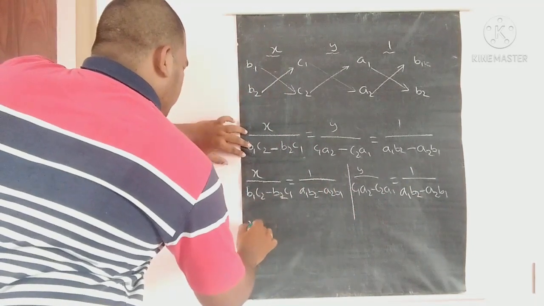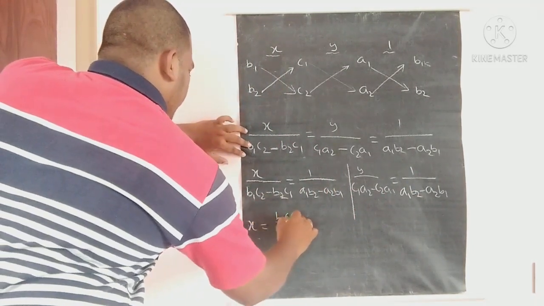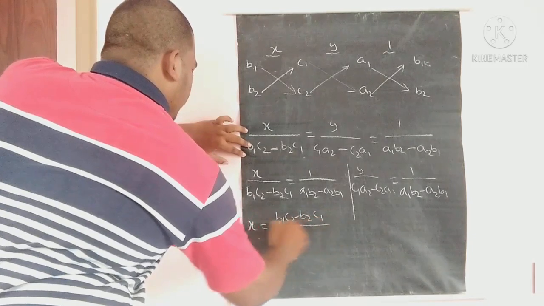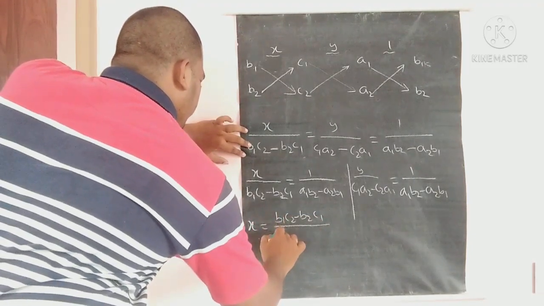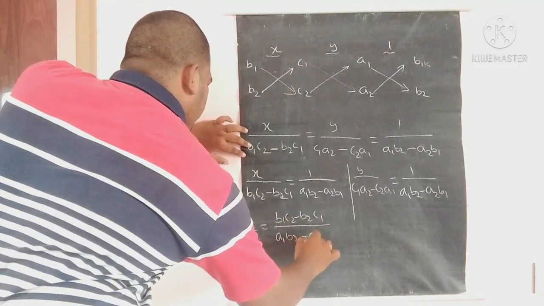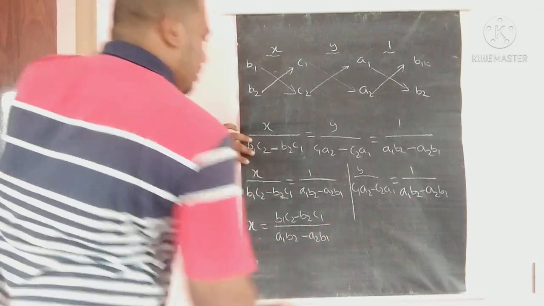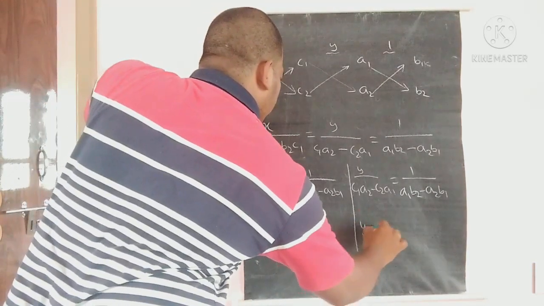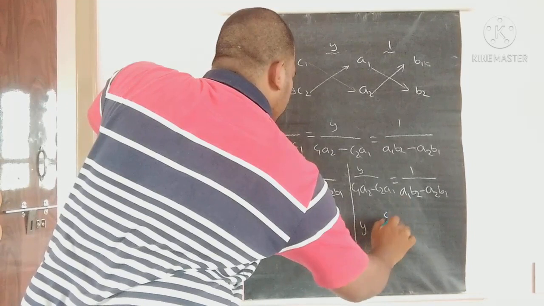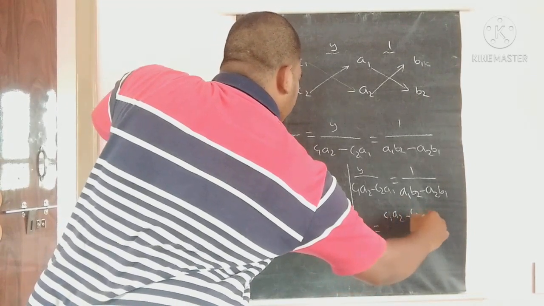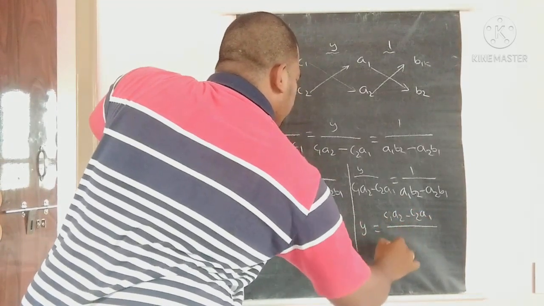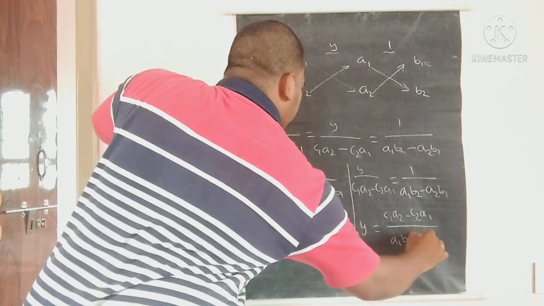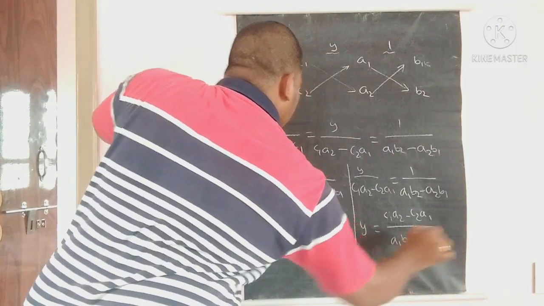By this, if you cross multiply, we will get x equals B1 C2 minus B2 C1 by A1 B2 minus A2 B1, and y equals C1 A2 minus C2 A1 by A1 B2 minus A2 B1.